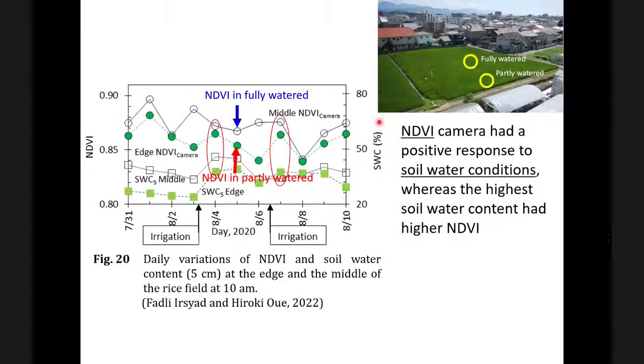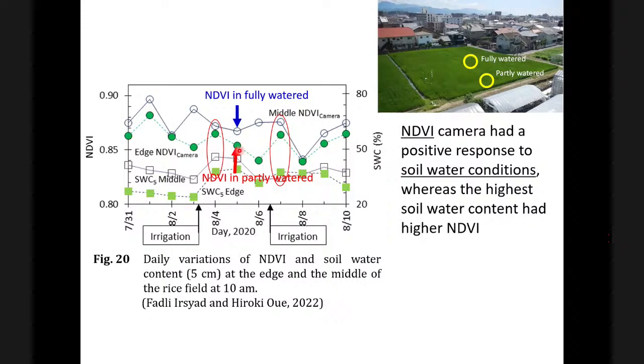Next, I would like to show the NDVI at the two points. I show in blue the NDVI taken at the fully watered place, and the red and yellow arrow shows the NDVI taken by the camera at the partly watered, partly dry point. So I can say that NDVI at the partly dry and partly wet place was smaller than that under the fully wet condition. NDVI showed smaller values under dry condition.